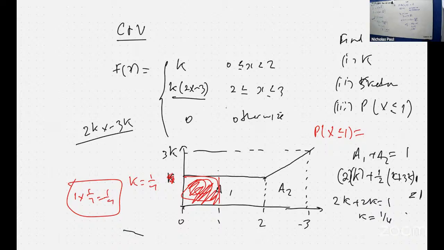We have to learn about something called the cumulative distribution function.